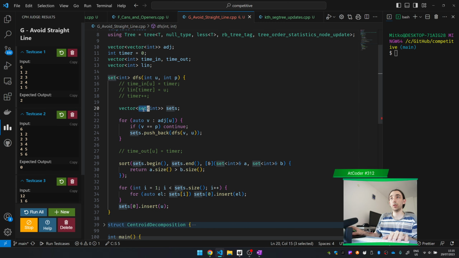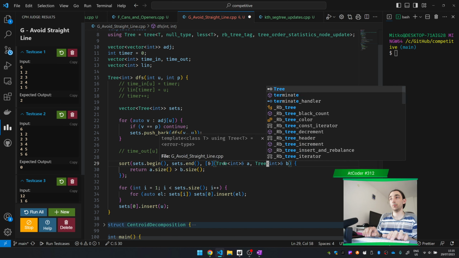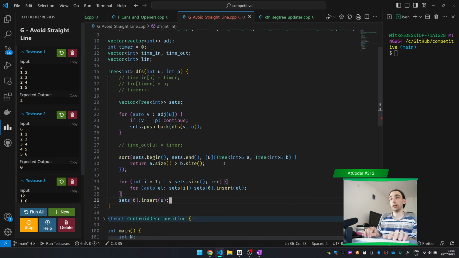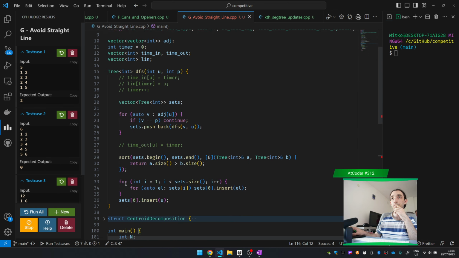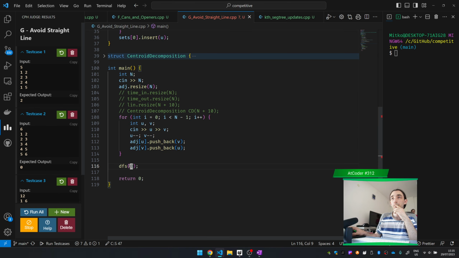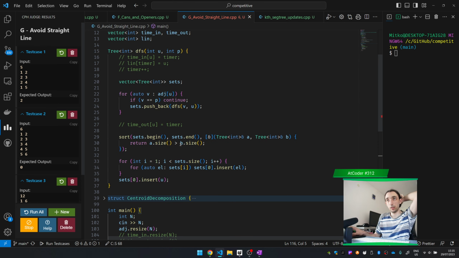So we want to have these trees here, ordered sets, and then you have the whole set.